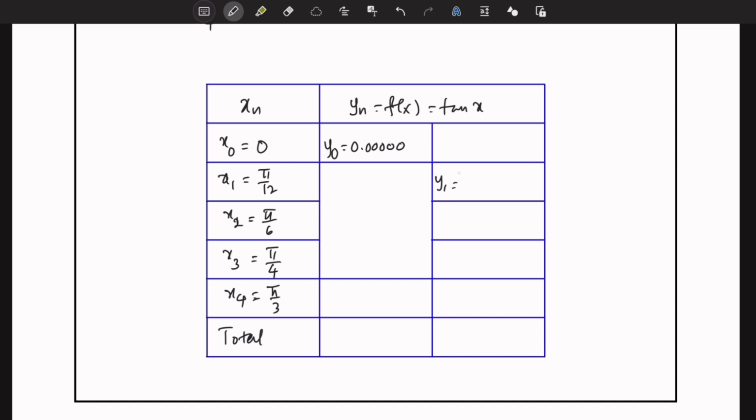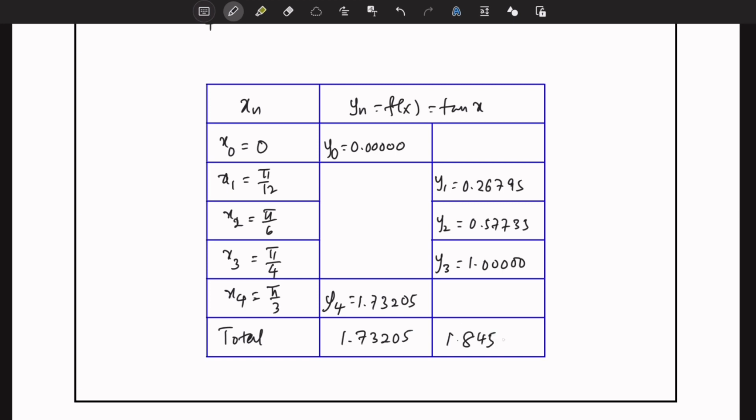So y1 is 0.26795, y2 is 0.57735, y3 is 1.0000, and then y4 will be 1.73205. Add up the totals: this is 1.73205, and here will be 1.84530.